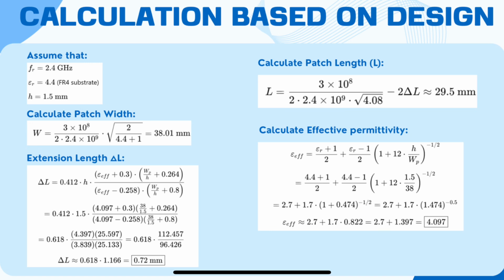Then, using the effective permittivity, we calculate the extension length, which is about 0.72 mm. Finally, we calculate the actual patch length using the speed of light formula adjusted for the effective permittivity, subtracting twice the extension length. The resulting patch length is approximately 29.5 mm. These dimensions ensure that the antenna resonates correctly at 2.4 GHz.